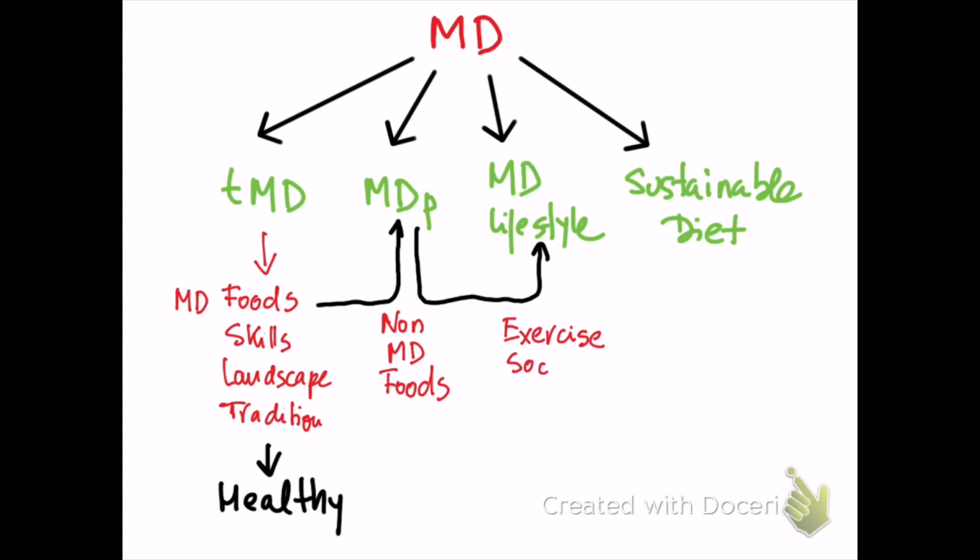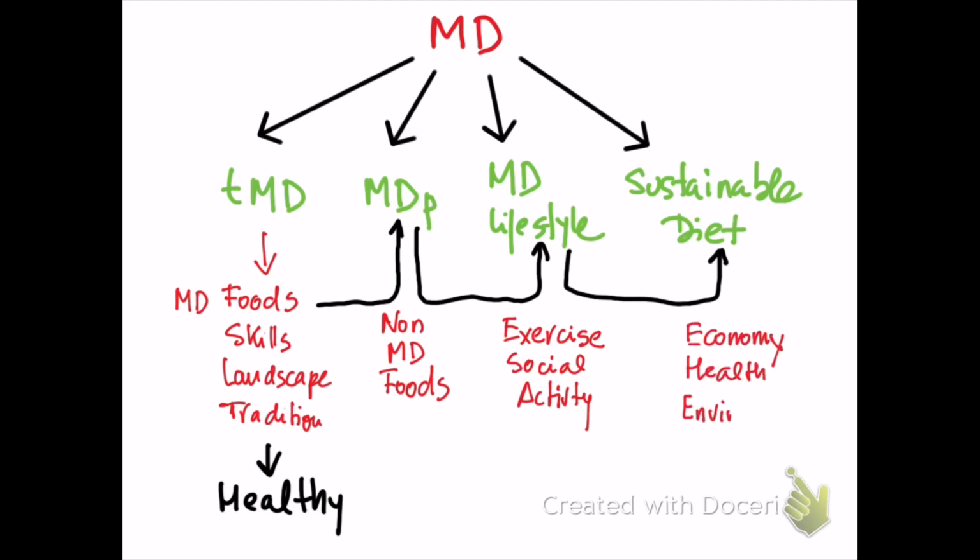Subsequently, adding non-nutritional elements such as exercise and social relationships to the Mediterranean diet pattern made it the MD lifestyle. And by demonstrating the economic, environmental, social, and cultural impact of MD, they have made it a sustainable diet.